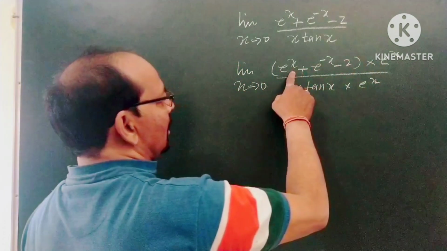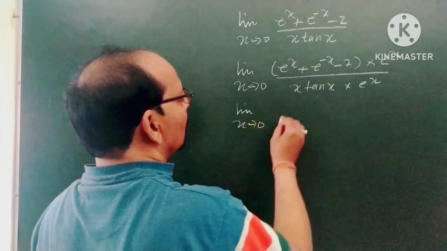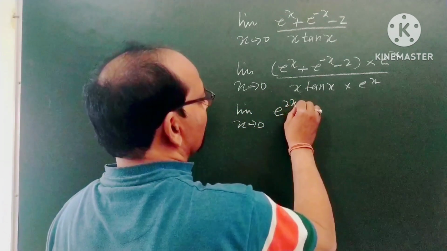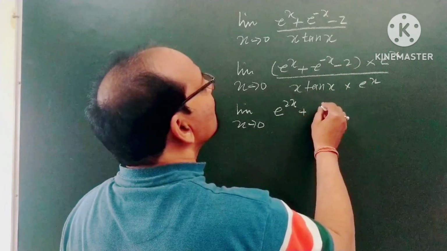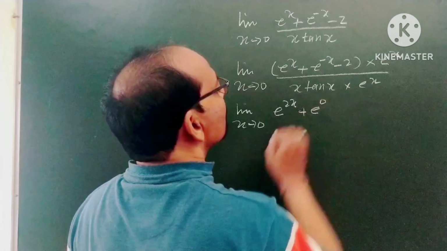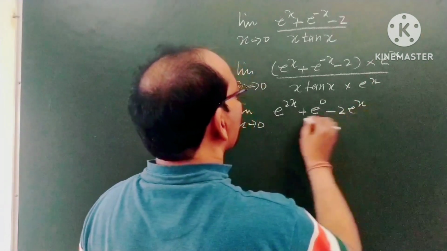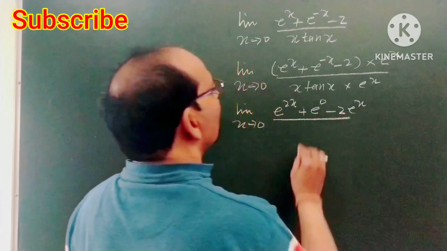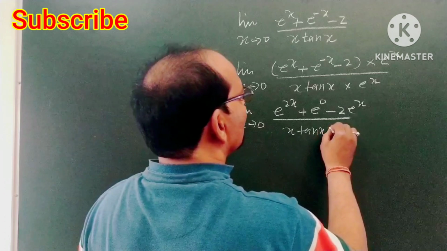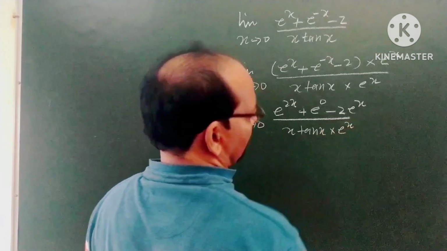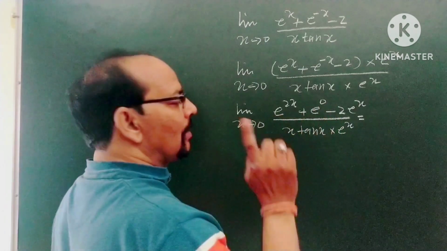Multiplying, we get limit x tends to 0, e^(2x), and this multiplied by this gives e^0, and minus 2e^x, over x tan x into e^x. e^0 will be 1.